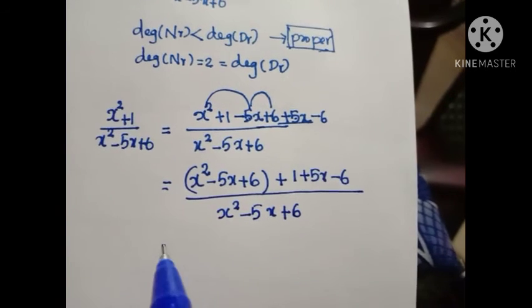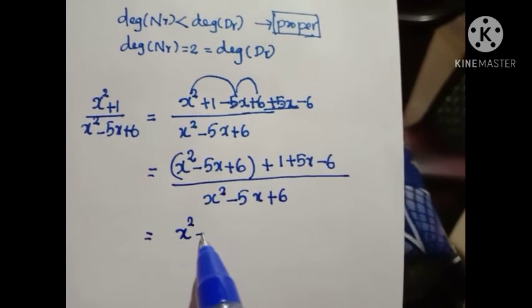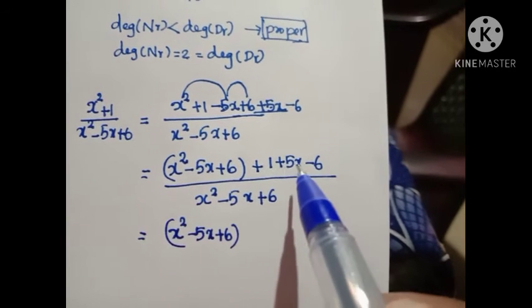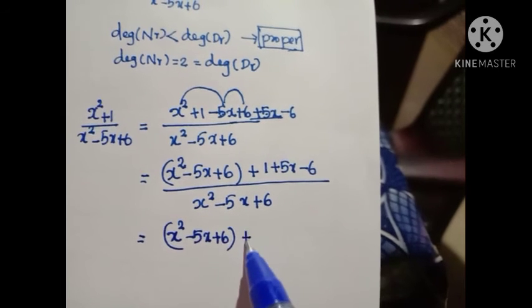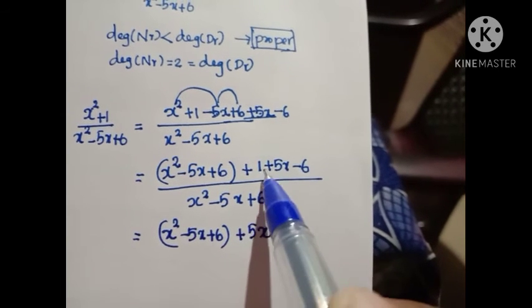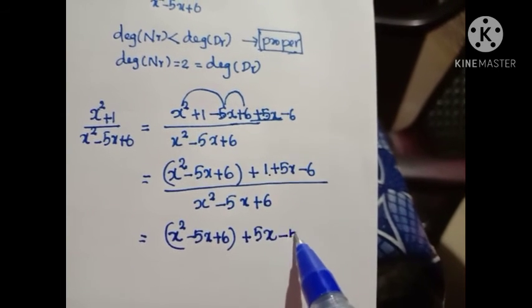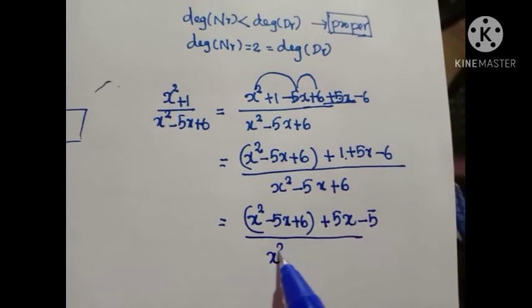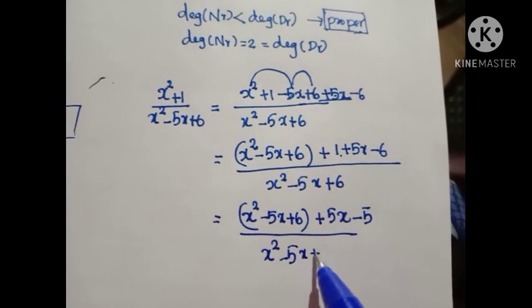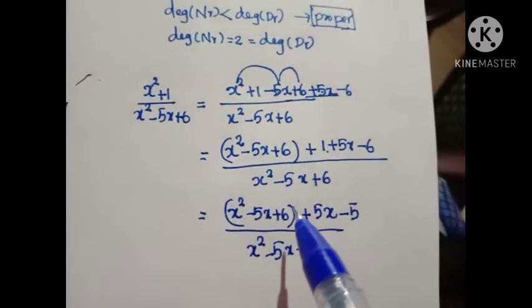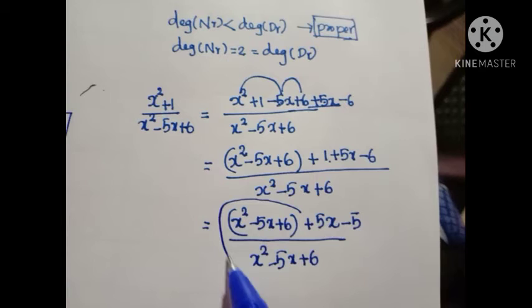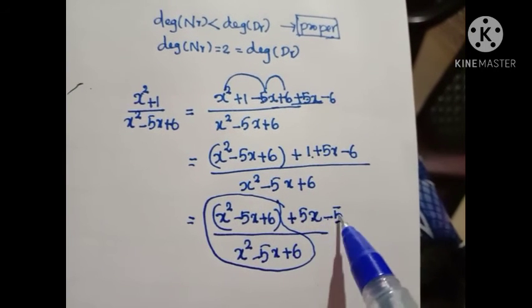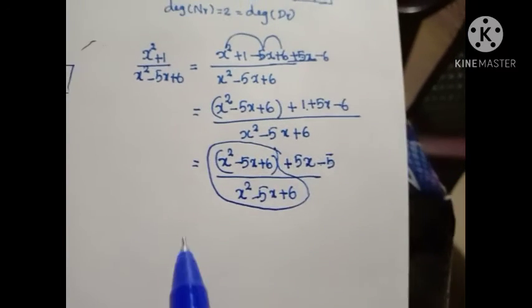Okay. Now simplify x square minus 5x plus 6 as such. There is no change. Listen, this can be written as 5x plus 1 minus 6, that is 5x minus 5, whole divided by x square minus 5x plus 6. Okay. Now separate, take this as one of the factors plus 5x minus 5 by. Okay. Split into 2.